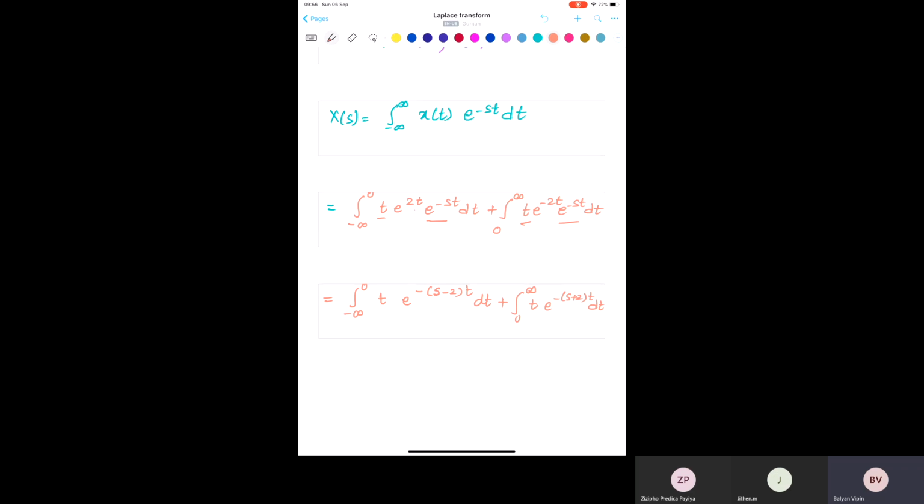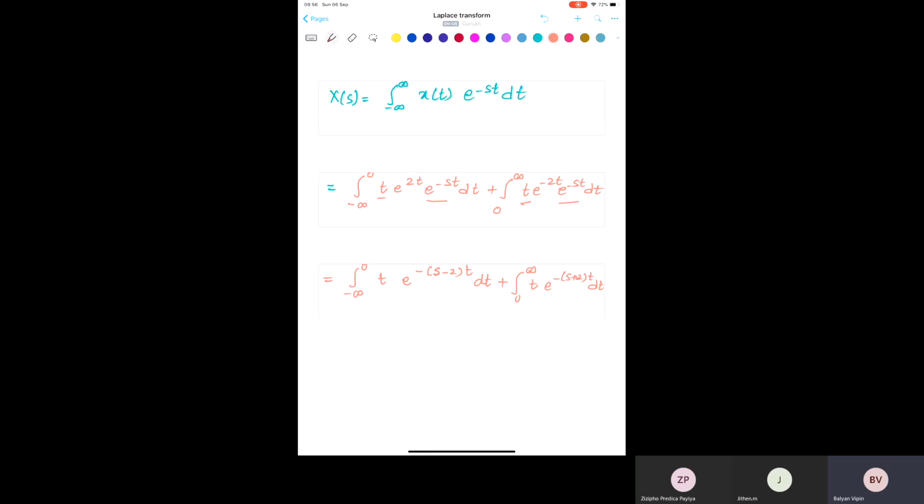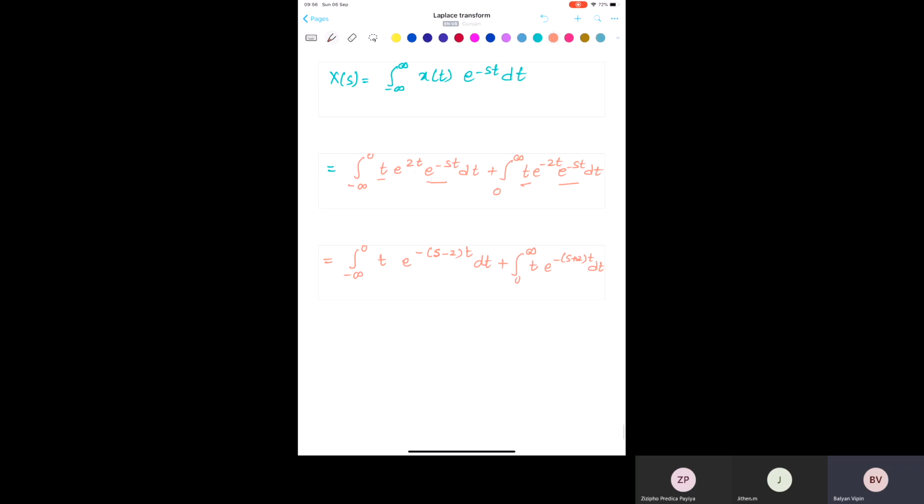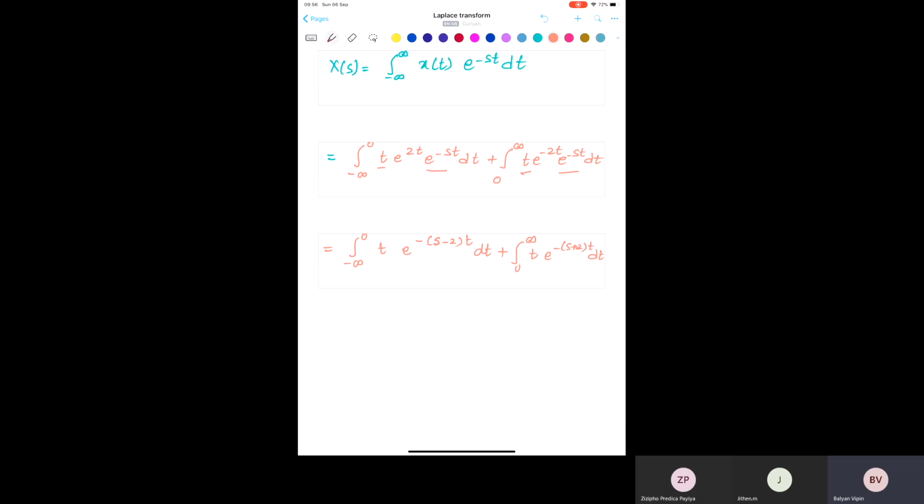So now you have a valid way of doing the region of convergence. So let me select them as two integrations. One integration is this, and the second integration is this.